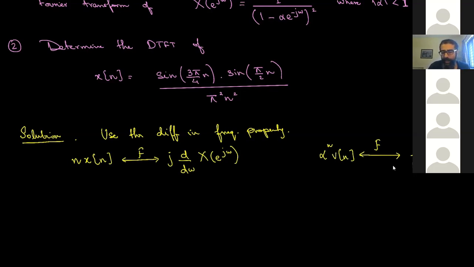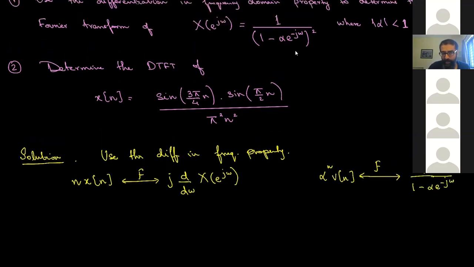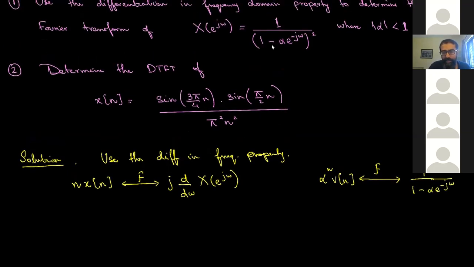Okay, and I see the required thing here, right? In order for me to get this thing in pink from this thing here, if I differentiate with respect to omega, a square will come in the denominator, with some other terms as well, which I'm going to be able to manipulate later.